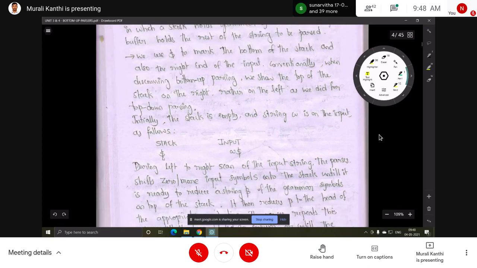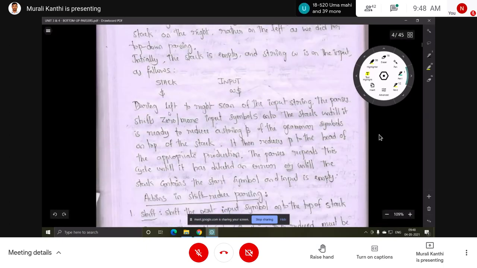So the stack initially has a dollar, and the input has some input string and a dollar. But in the predictive parser, the starting symbol of the grammar is there in the stack. In the shift reduce parser, there is no starting symbol of the grammar initially, it is empty. How can we say it? The top of the stack is a dollar, so the stack pointer is pointing to the dollar, which indicates empty.